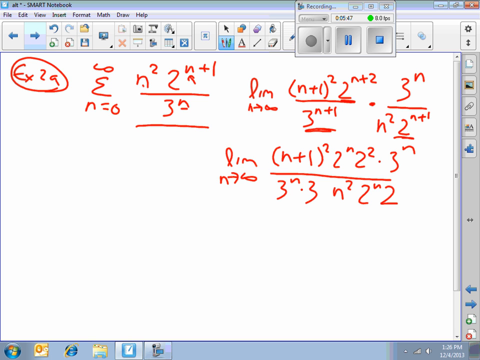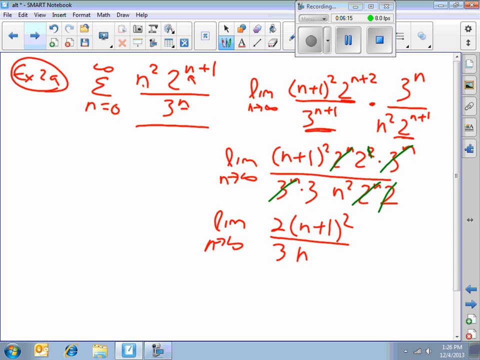All right, so now I have a 2 to the n top and bottom. I have a 3 to the n top and bottom. 2 squared divided by 2 is just simply 2. 4 divided by 2 is 2. So what do I have left? I'm looking at the limit as n approaches infinity of 2 times n plus 1 quantity squared over 3 times n squared.